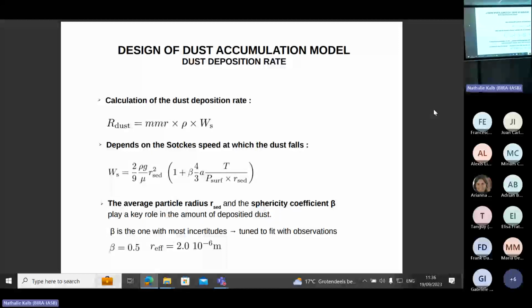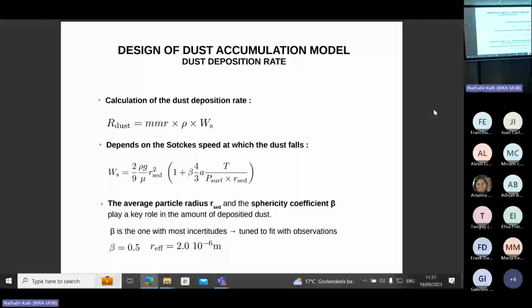But yeah, there are some other models that calculate the speed at which the dust particle falls. I haven't made a comparison with this model, but they are essentially based on the same equation as this model.